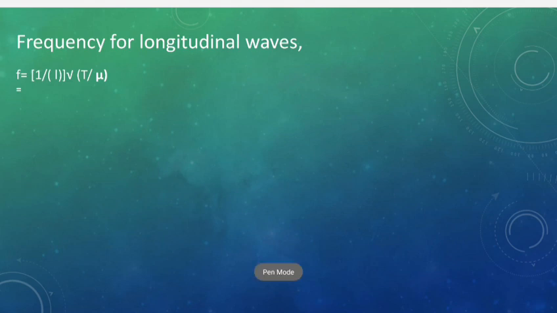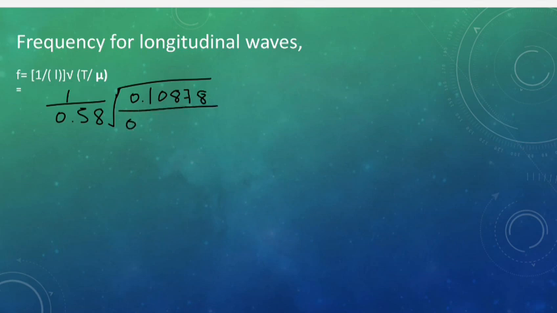Let's put in the values with the help of the tabular column. 1 by L, the value of L here is 0.58, to the root of tension T, which is 0.10878 divided by mu, that is 0.0000728. So 1 by 0.58 will be equal to 1.7241.